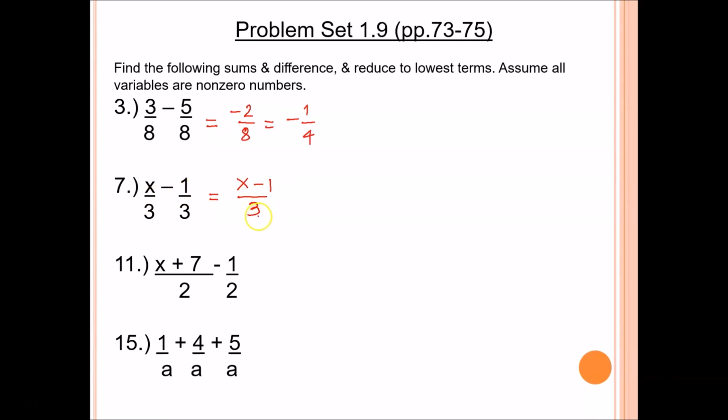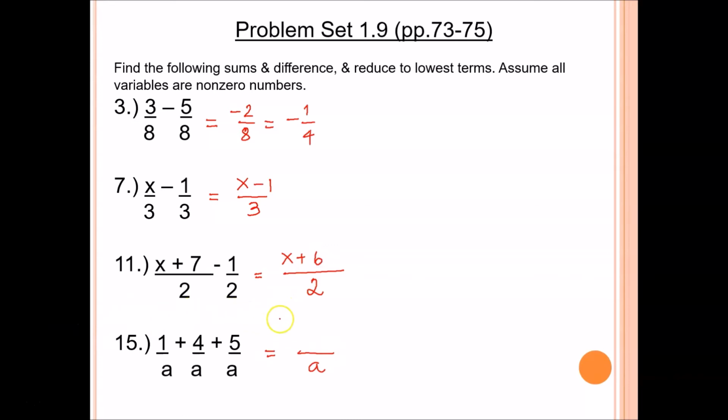And that's it. Okay, number 11. Now you notice it's still the same denominator, so we just copy 2 and we combine the top. So x will be there the same as before, and then we combine 7 minus 1 is 6.